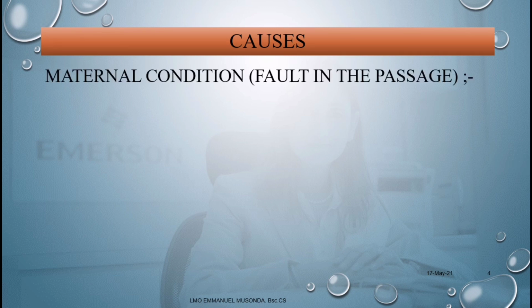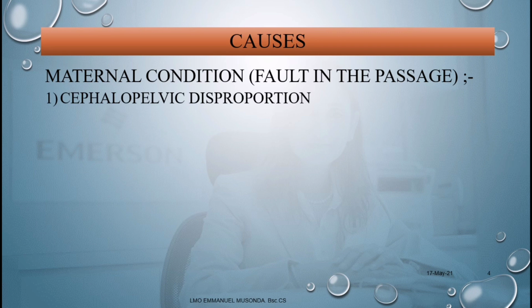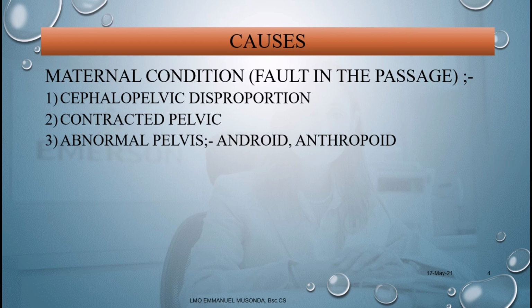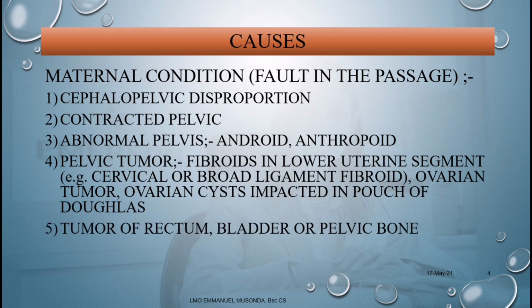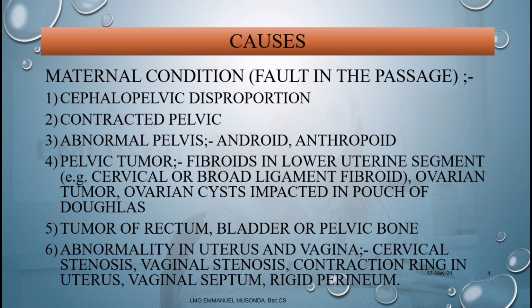Then causes. We have maternal conditions, faults in the passage. So we have cephalopelvic disproportion, contracted pelvis, abnormal pelvis, which could be android or anthropoid. Then pelvic tumors such as fibroids in the lower uterine segment, e.g. cervical or broad ligament fibroid, ovarian tumors, ovarian cysts impacted in the pouch of Douglas, or tumor of the rectum, bladder or pelvic bone.